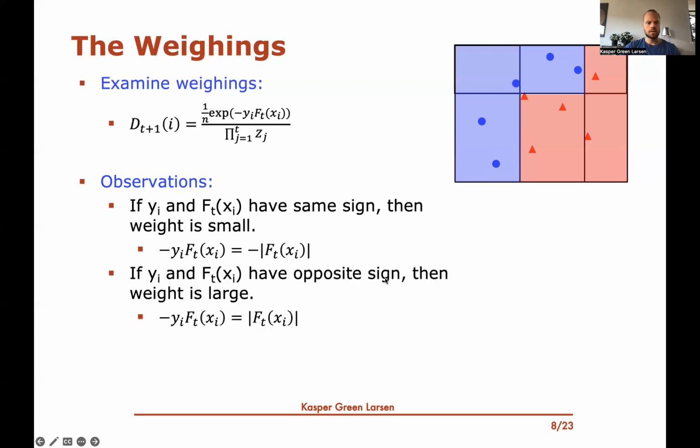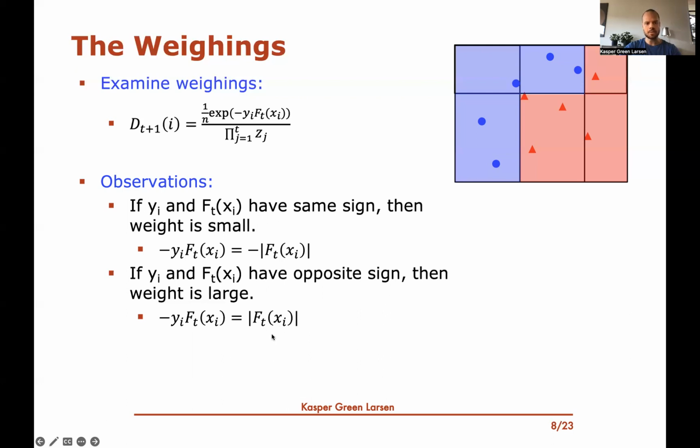And on the other hand, if they have opposite signs, so you're misclassifying the point, then the weight is going to be large. In particular, for this term, the minus yi ft of xi, yi and ft of xi have opposite signs, so the minus will cancel out with the opposite sign. So you just get the absolute value of ft of xi.